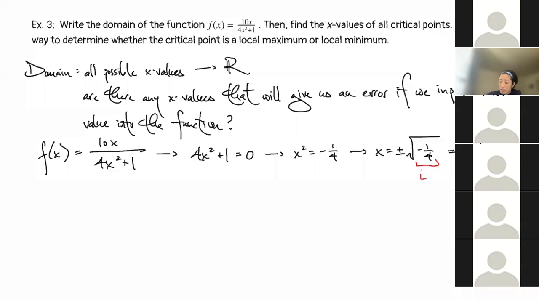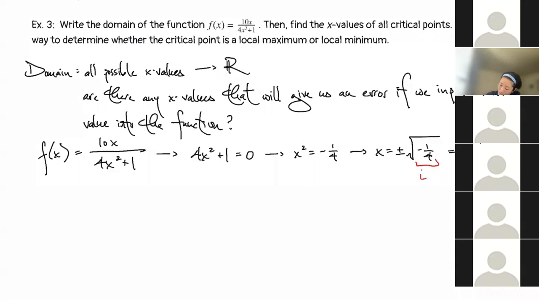So the domain for this function is all real numbers because any number I put in for x, we're going to get some value for y. You can also look at the graph to confirm that it is indeed a continuous function. But now that we know that the domain is all real numbers, we can move on to this next piece of finding the x values of the critical points.